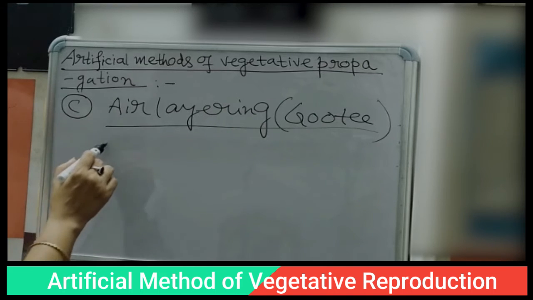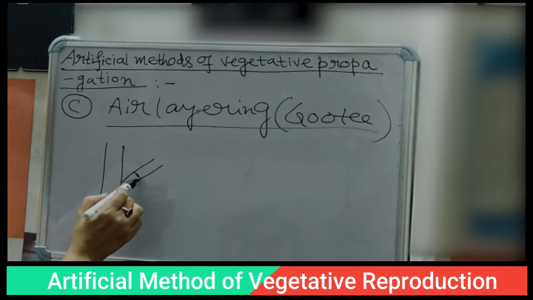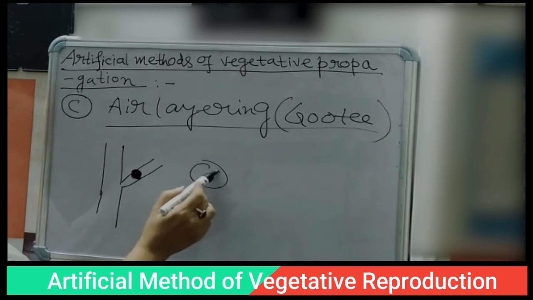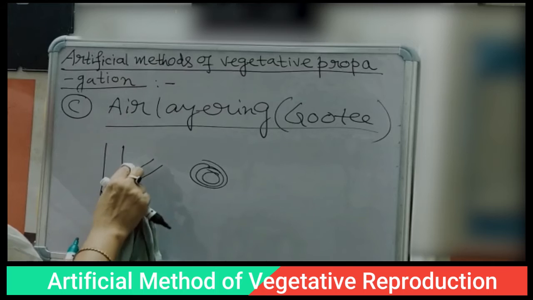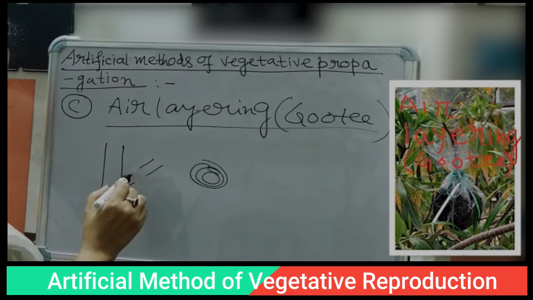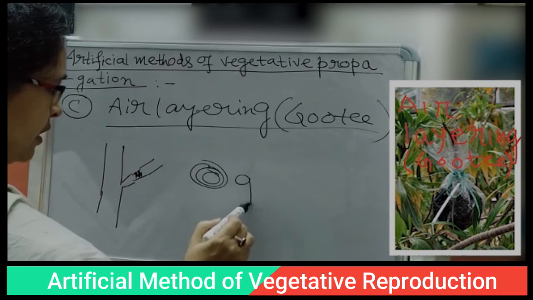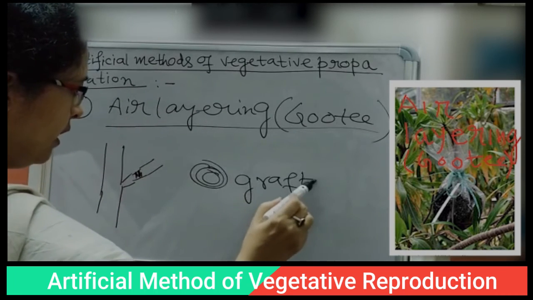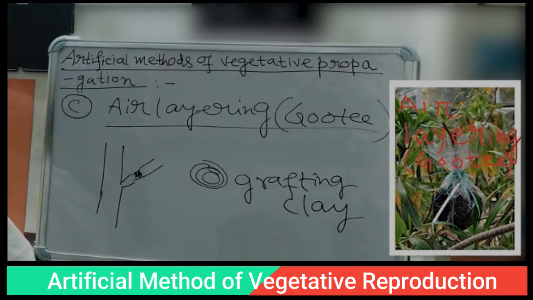What happens? We first cut some cambium tissue. Here we cut it ring shaped. Cambium tissue is cut off from that portion, and then this portion is covered with grafting clay. Now what is grafting clay?